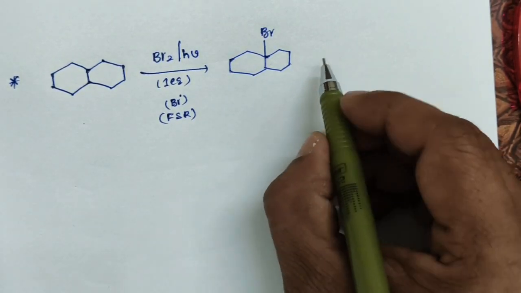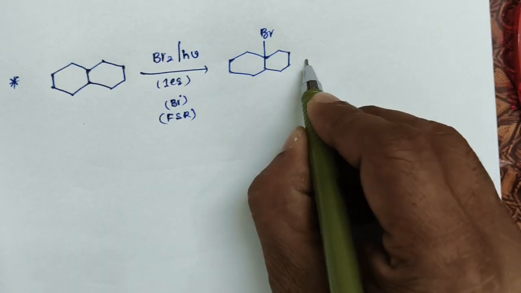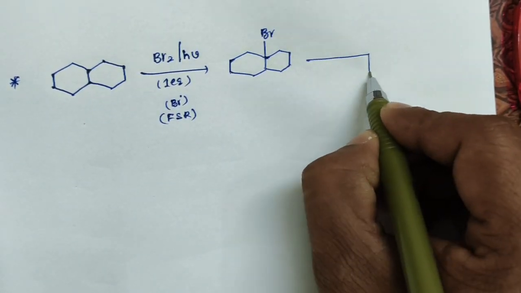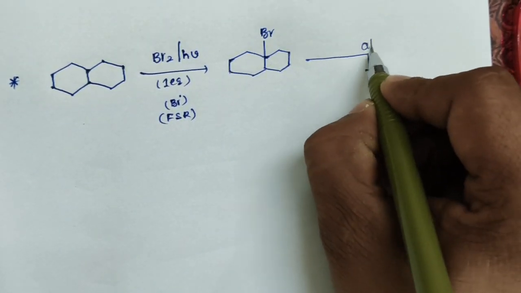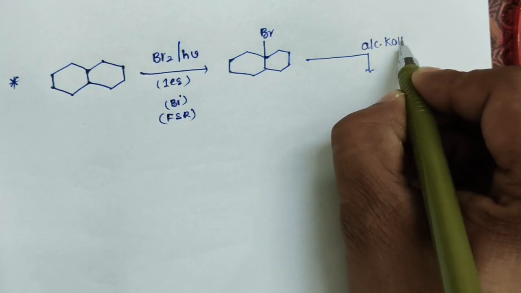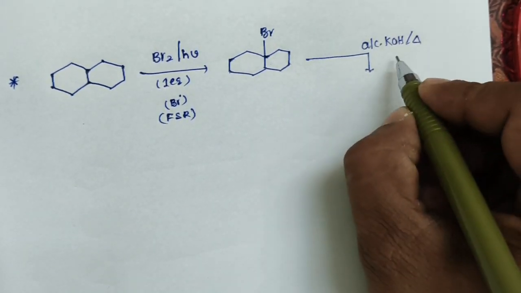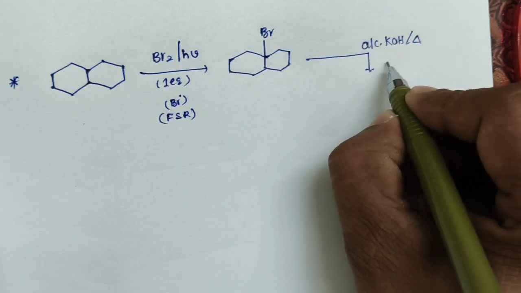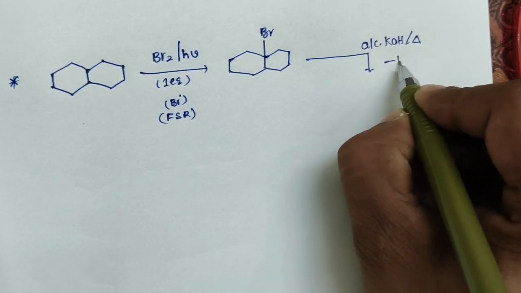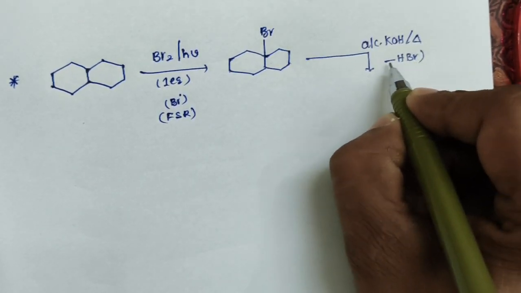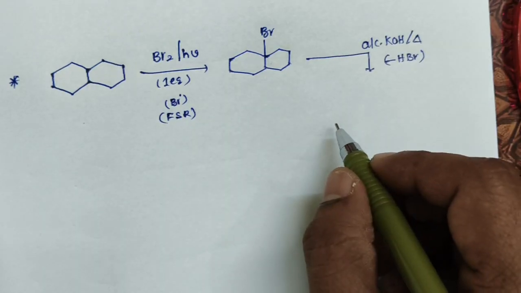The next, in the further step, what he gave in the second condition is alcoholic KOH in the presence of heat. Alcoholic KOH acts like a dehydrohalogenating agent. So in presence of this, an HBr molecule is eliminated from this.